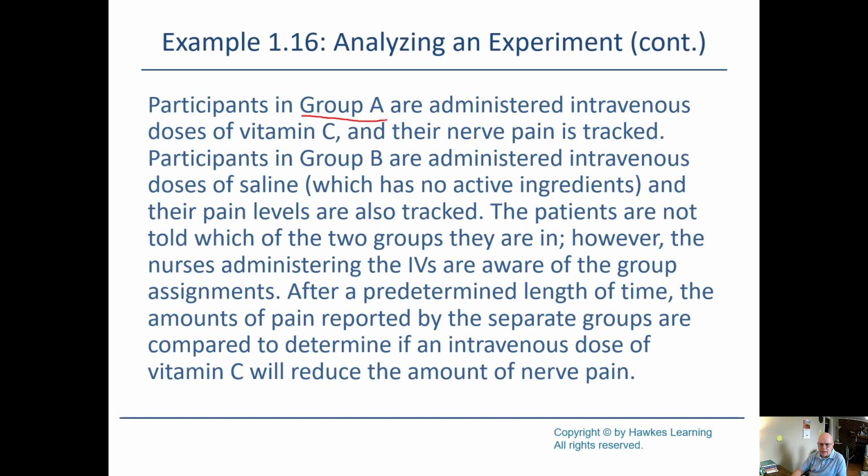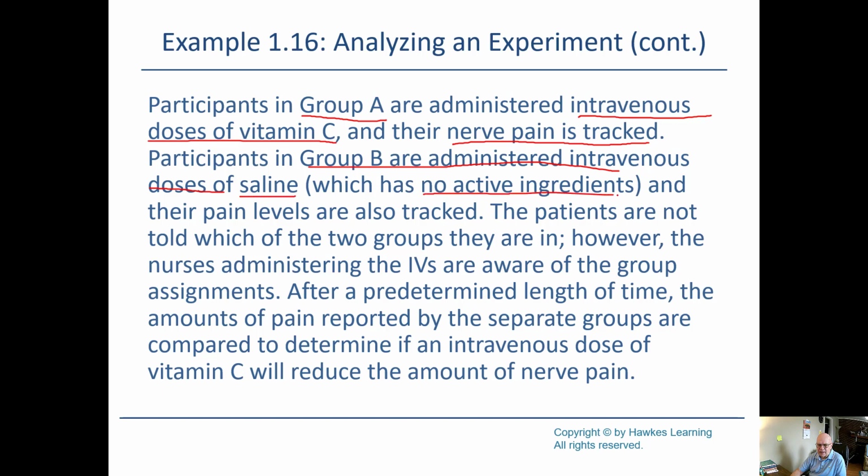Now, in Group A, they're getting the IV doses of vitamin C. And we're going to track what happens to the nerve pain. Does it get better? Nothing? Does it get worse? Group B, they get IVs of saline.